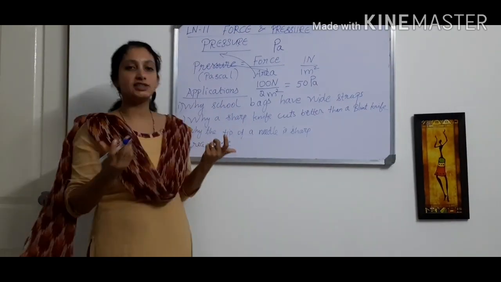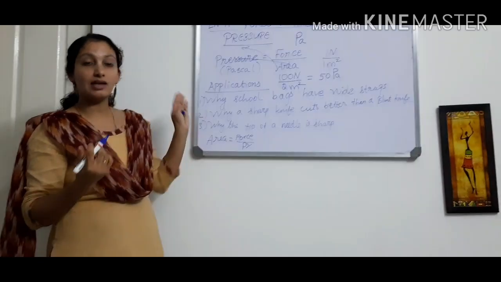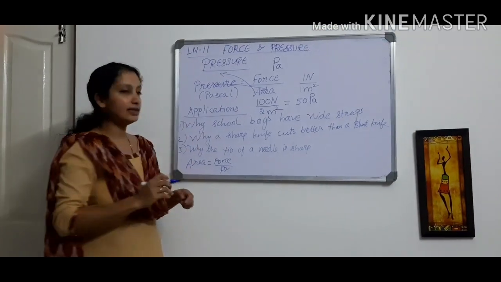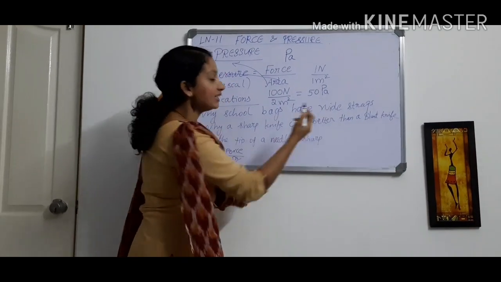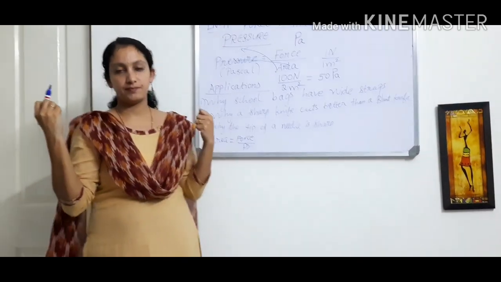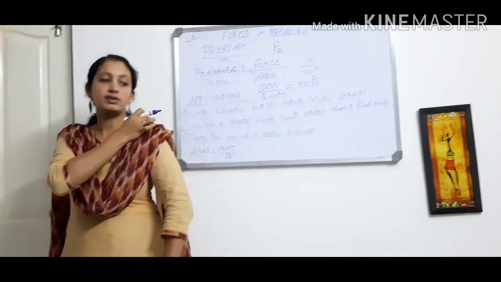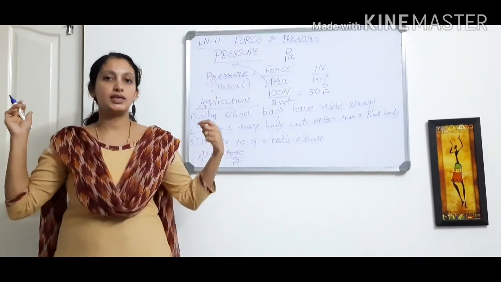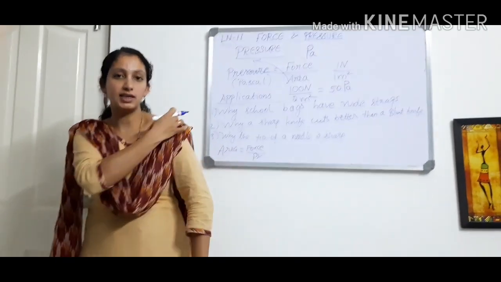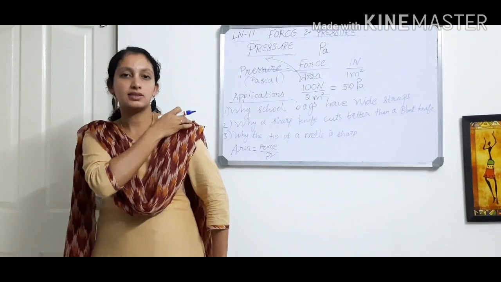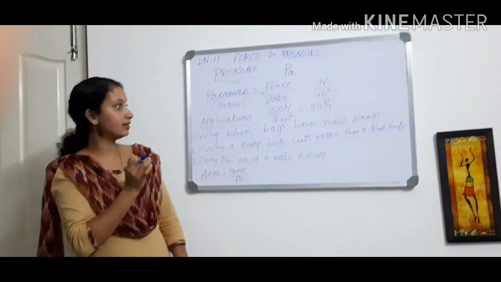What are the applications of this? I have written 3 examples. I'll read and explain one by one. First one is, why do school bags have wide straps? If you notice the strap which takes the weight, it is very wide.